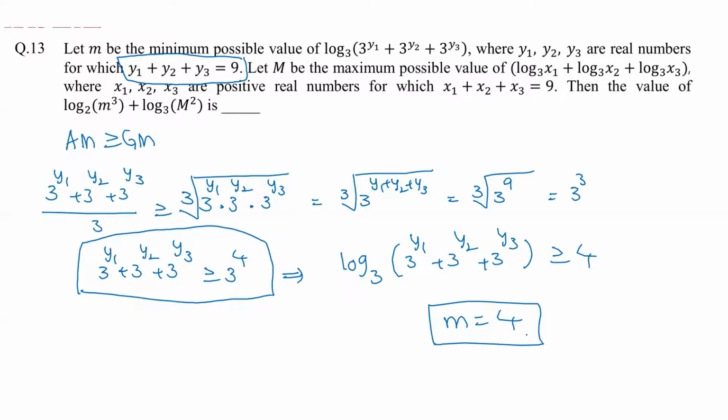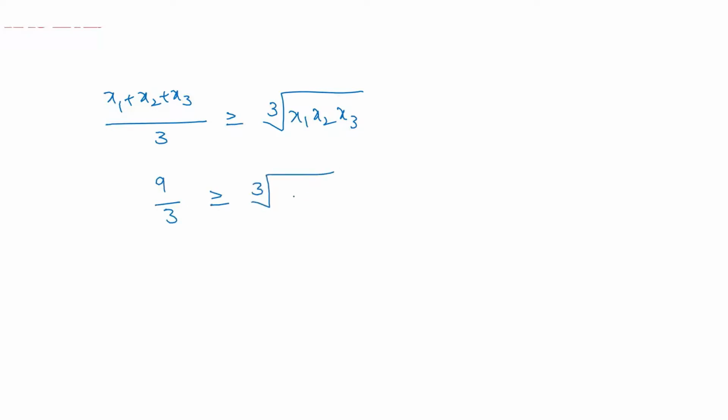Now let's apply the same AM-GM inequality for x1, x2, x3. So (x1 + x2 + x3)/3, applying the similar property, is greater than or equal to the cube root of x1 x2 x3.